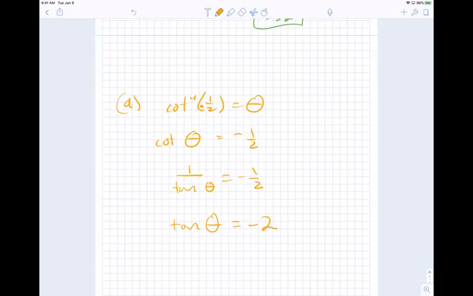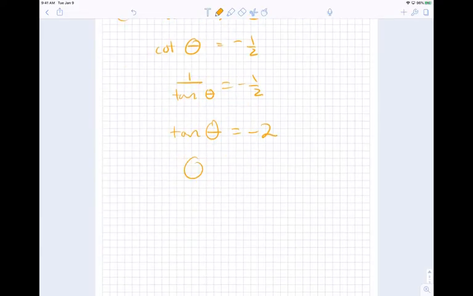Is that okay? I think we're okay there. So then in our calculator, we would type theta equals inverse tan of -2. Did you get a number? You said 1.11?